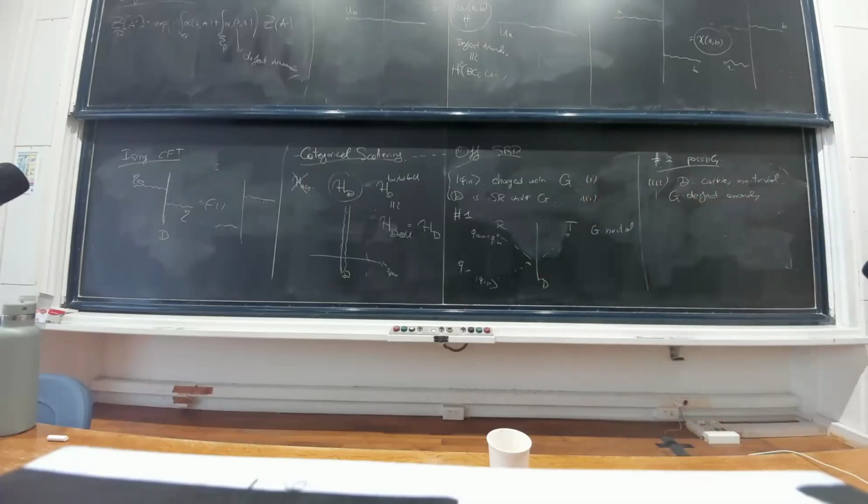And let me emphasize, I want a G defect anomaly that is of the type that I was telling you about before, sort of like a mixed anomaly between the left symmetry and the right symmetry. And why?